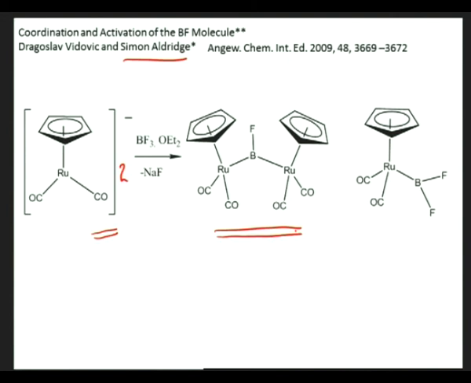The BF is bridged between 2 ruthenium atoms, and this is very similar to what you would have if a carbon monoxide is bridging, except that now we have BF, which we are looking for based on our theoretical hypothesis that BF would behave just like carbon monoxide.